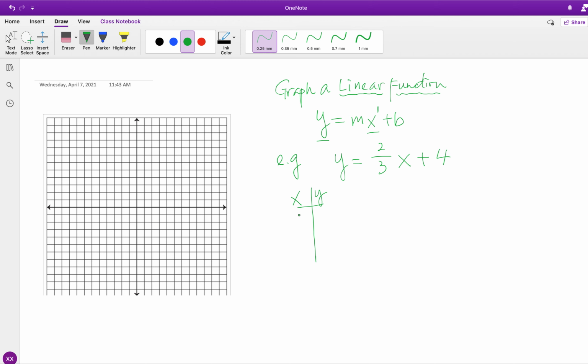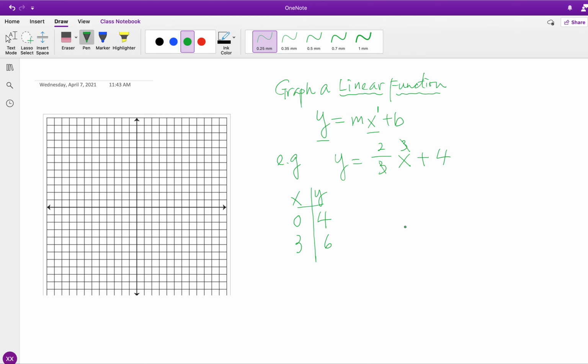So if x equals 0, then y equals 4 in this case. For the next point, I say x equals 3. If x equals 3, then 2 over 3 times 3 becomes 2, and 2 plus 4 is 6. So if x equals 3, then y is 6.